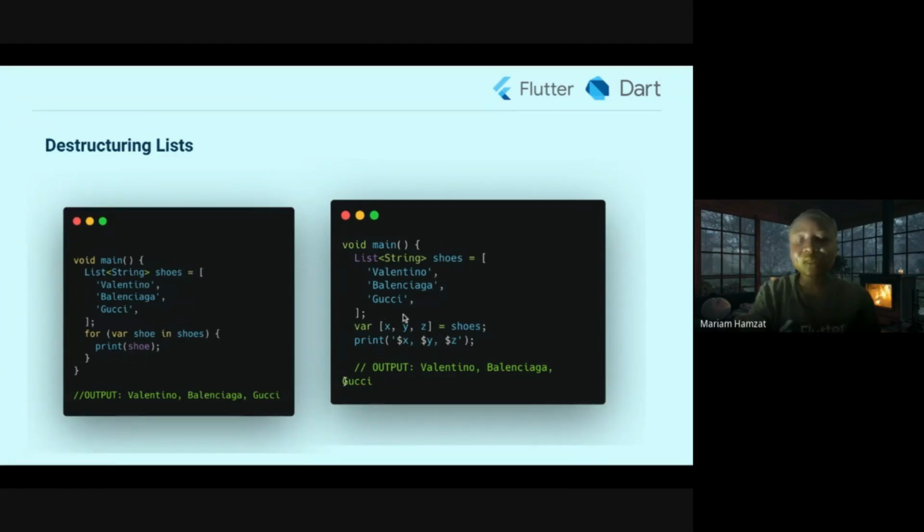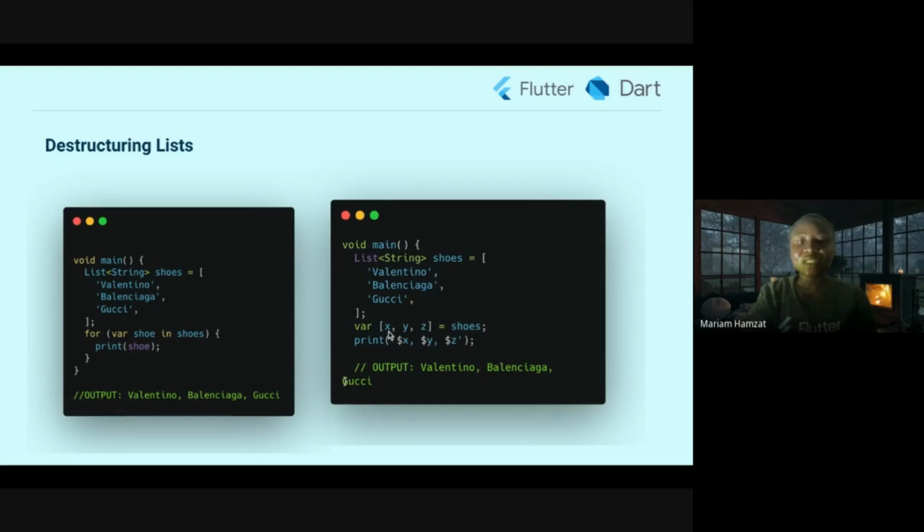But in pattern matching now, doing destructuring, what I just do is create my list of shoes, then I create a list of variables and equate it to these shoes, and I just print it. This is more readable because it tells the user that you have different variables from the list of shoes, right?